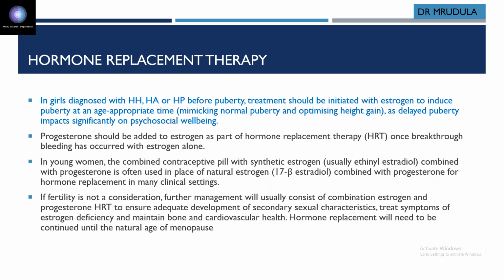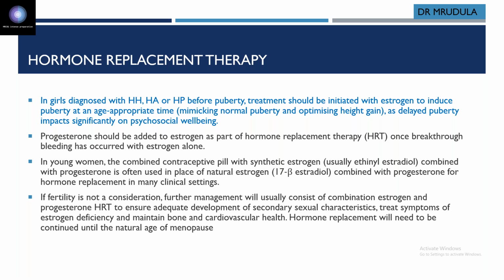So what is the treatment for this type 1 anovulation? First is hormone replacement therapy. If the patient is having primary amenorrhea, you have to give her hormone replacement therapy to induce puberty and maintain menstruation, and along with that to prevent osteoporosis and other cardiovascular problems.